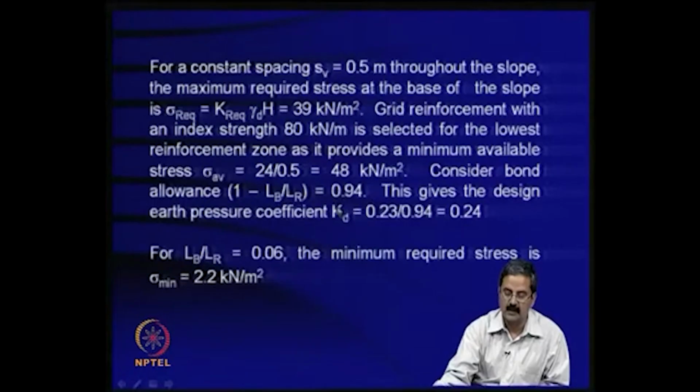So, you get this term called 0.94, and as I just mentioned, this reinforcement coefficient 0.23, which we obtained in the previous step, should be corrected a little, and this will become 0.24. Essentially, this is because of the orientation effects.